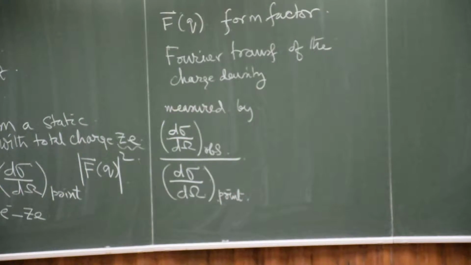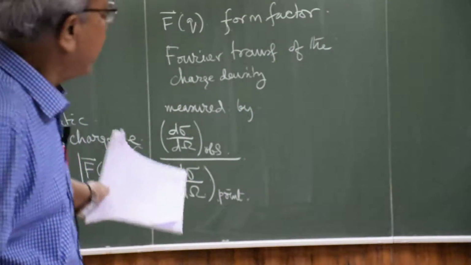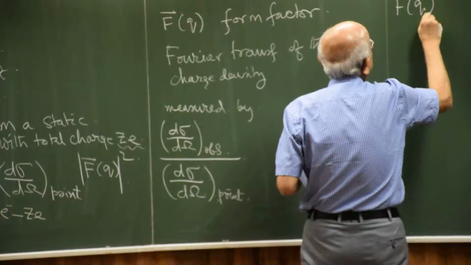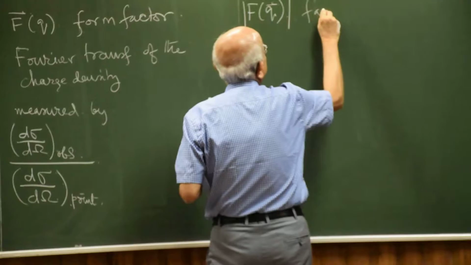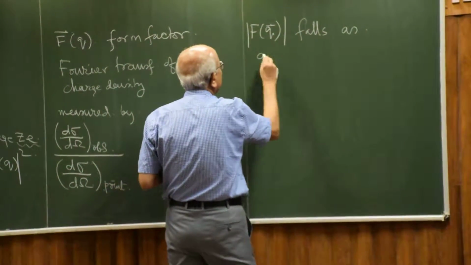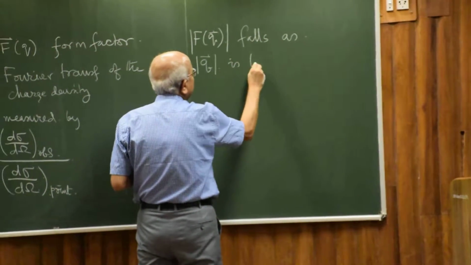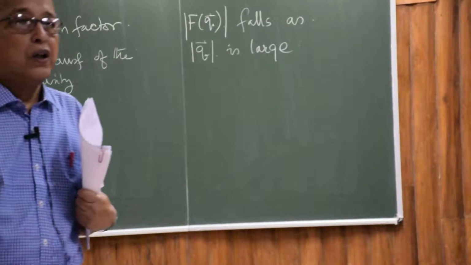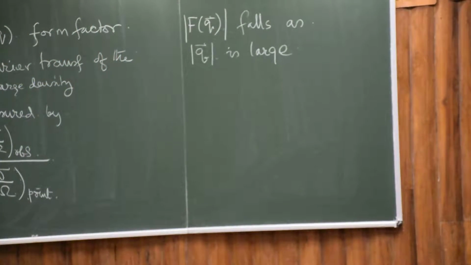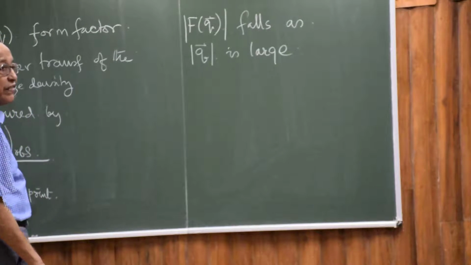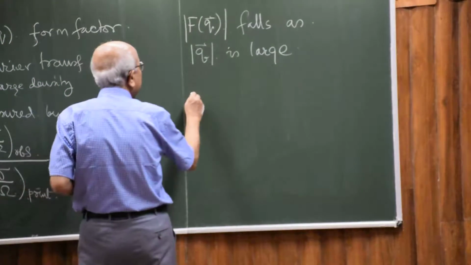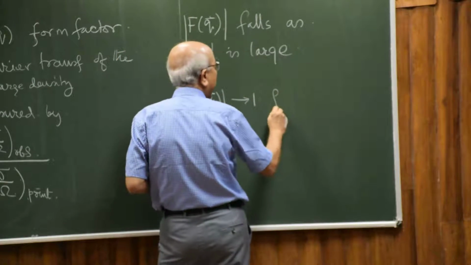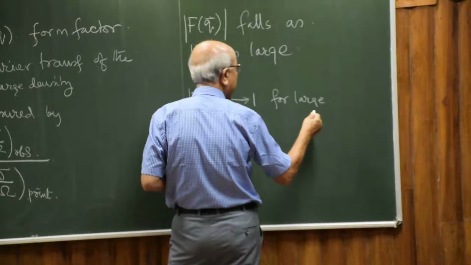But this now tells you a very, very important thing, that f of q falls as q increases. It also follows from the very definition of the form factor that f of q goes to 1 for small q.